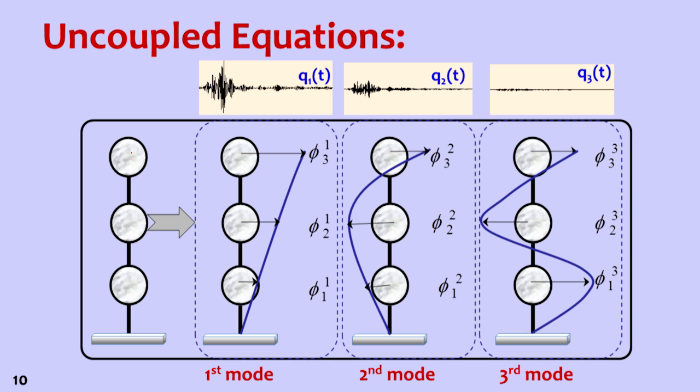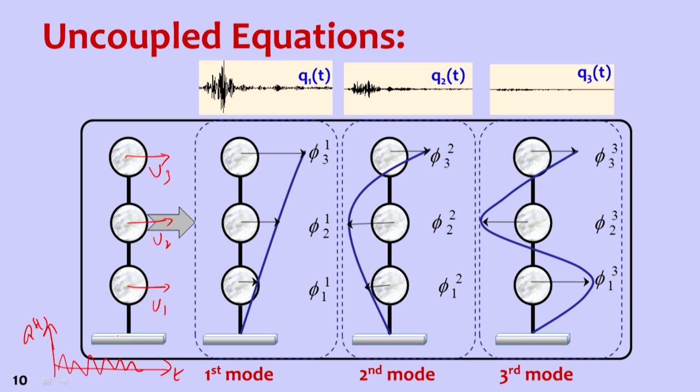So, this is the total response. This is U1, this is U2, this is U3. The Q1 that we found just now is this Q. We are giving input ground motion somewhere here, as time and acceleration.